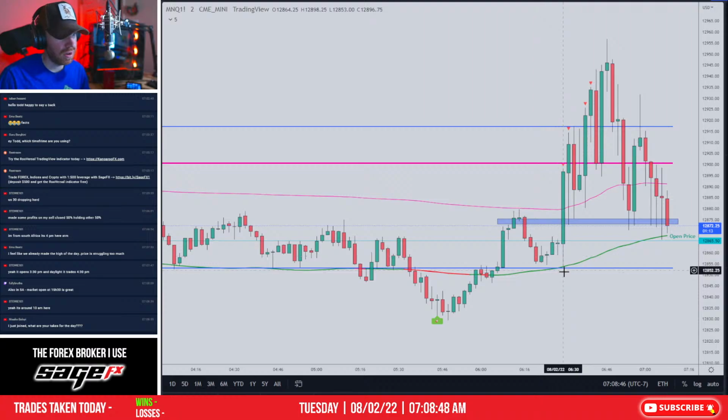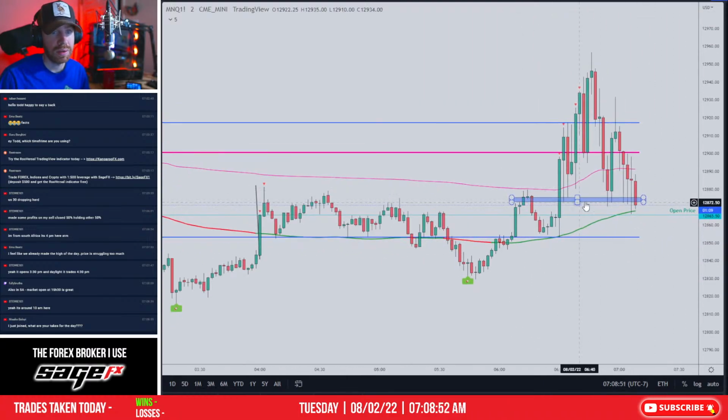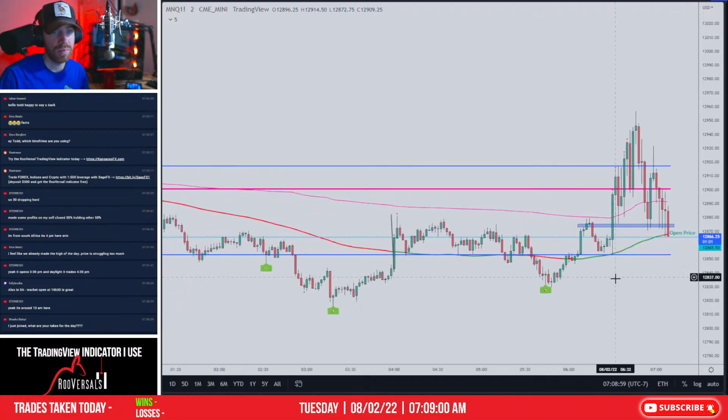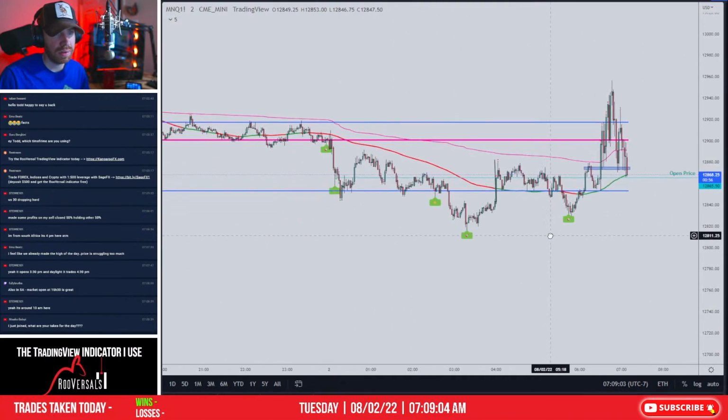I'm pretty bearish right now, but price is having trouble breaking where we opened up today. We opened up right here. So if this area breaks, I think it's going to be heading down the rest of the day.